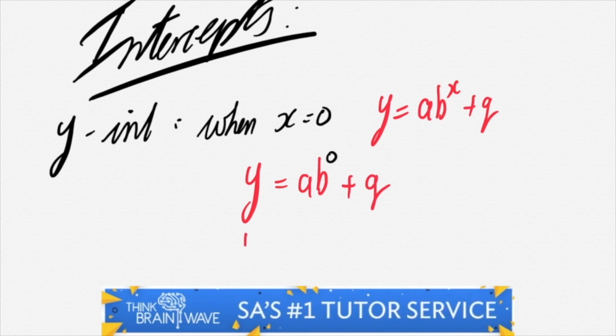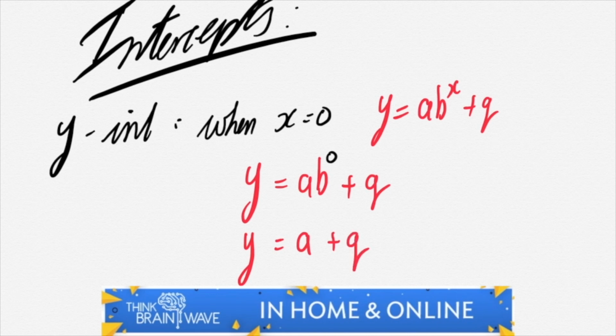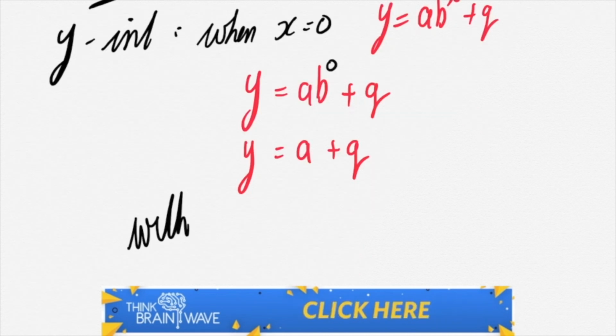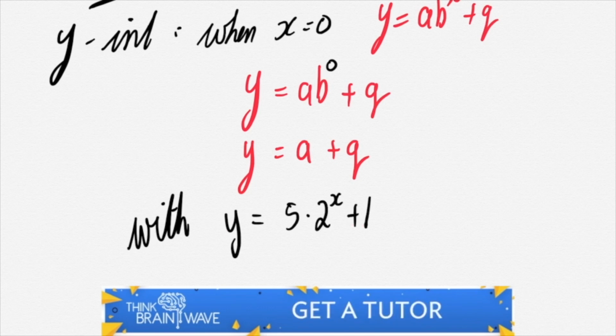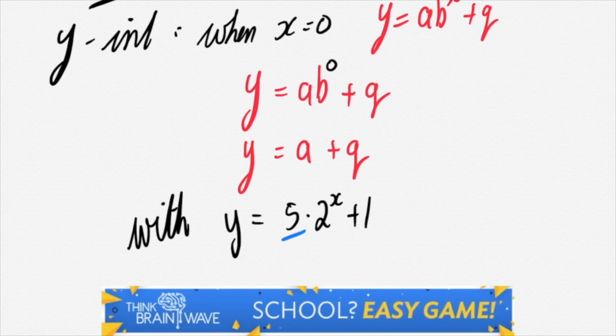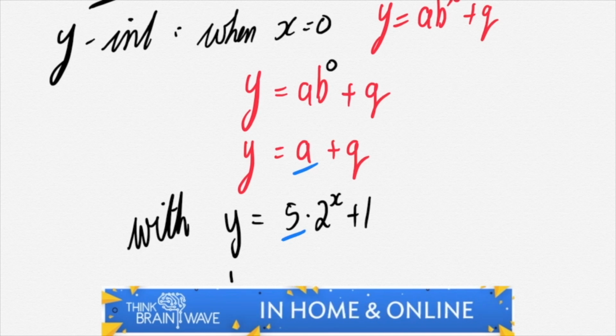Anything to the power of 0 is equal to 1, so you can have a plus q. When y is equal to 5 times 2 to the power of x plus 1, we know that we've got 5 plus 1, meaning that your y would be equal to 6.